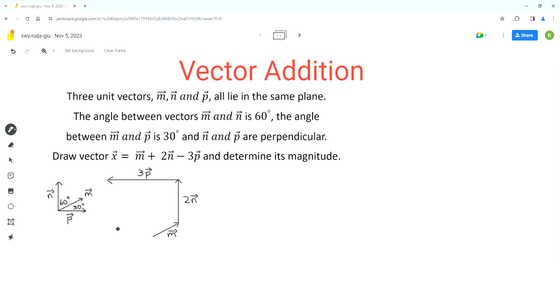So in this diagram, vector x can be drawn as the fourth side in this quadrilateral. So it will go from the tail of vector m to the tip of vector minus 3p. So this vector here is vector x.